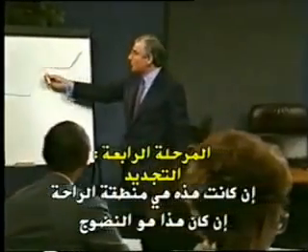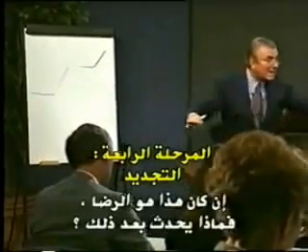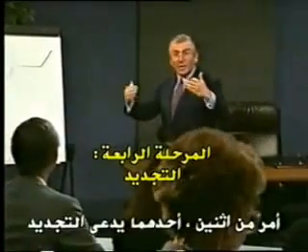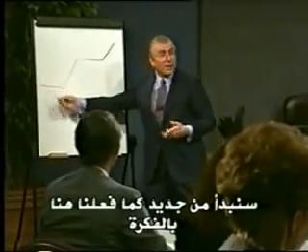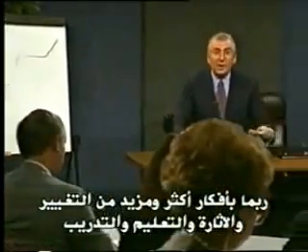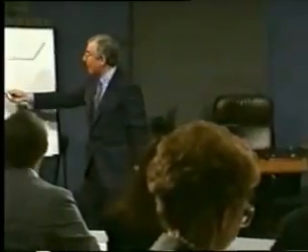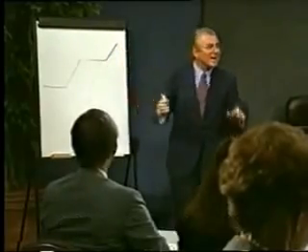If this is the comfort zone, if this is the maturity, if this is complacency, what happens after that? One of 2 things. One is called renewal. We will begin all over again like we did down here with the idea, maybe more ideas, more change, more excitement, more education, more training. And we take off again with a sense of renewal.